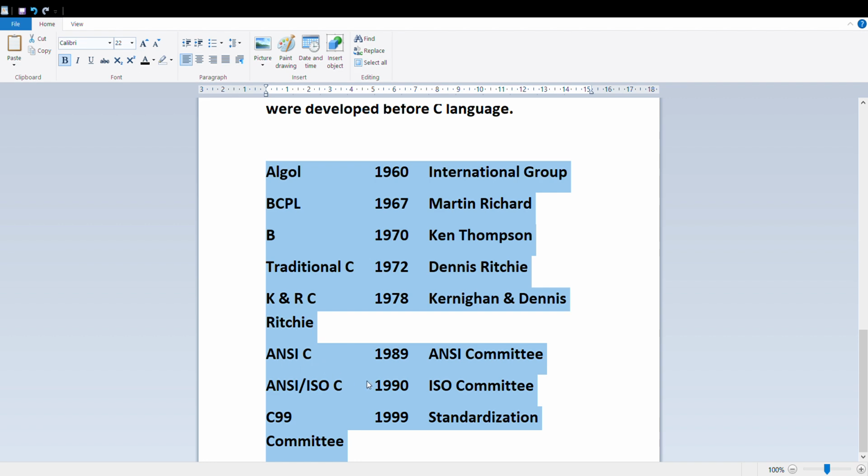So ANSI C was designed by the ANSI committee in 1989. ANSI and ISO committees together designed ISO C in 1990. The next version is C99, implemented in 1999, designed by the standardization committee. So this is the overview of the history of C language.